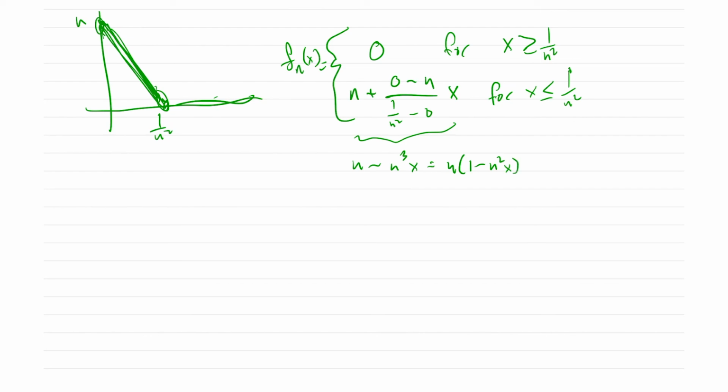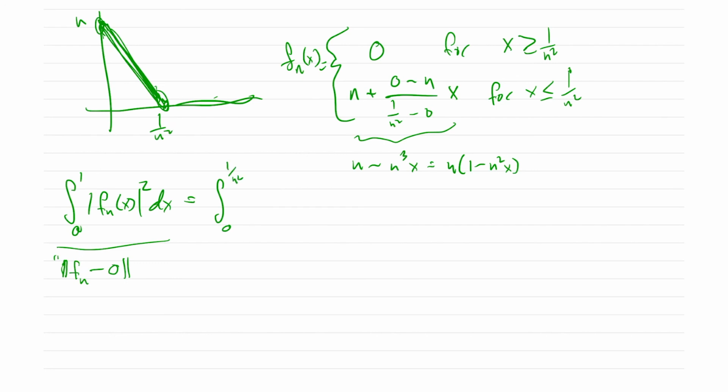Okay, so let's go ahead and compute the integral from 0 to 1 of the absolute value of fn of x squared dx. In this case, we are thinking of this as fn minus 0, right? And since we're 0 outside of that one region, we're just going to go from 0 to 1 over n squared, and otherwise we have n minus n cubed x, and this is dx.